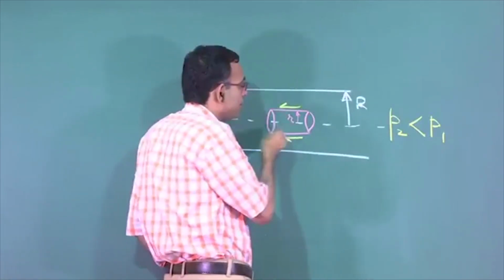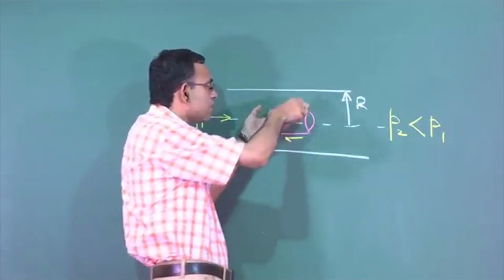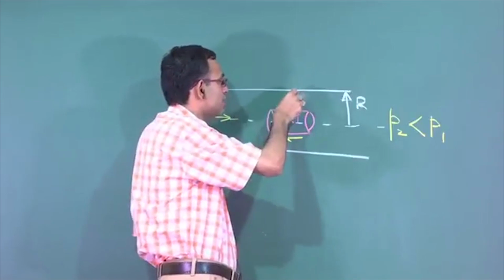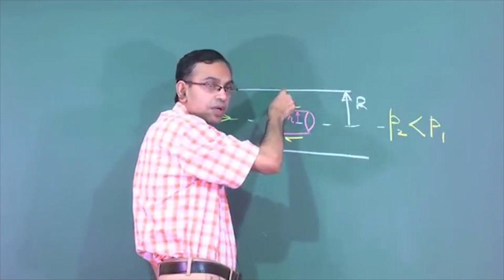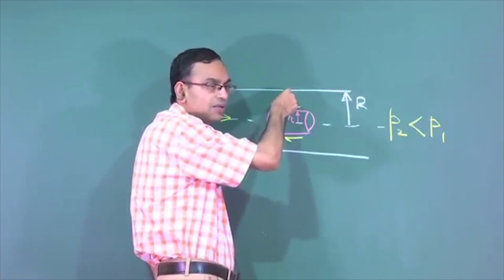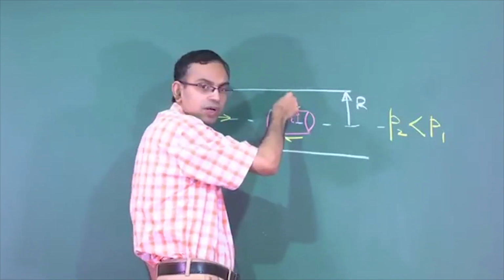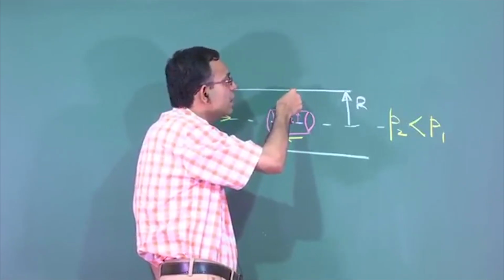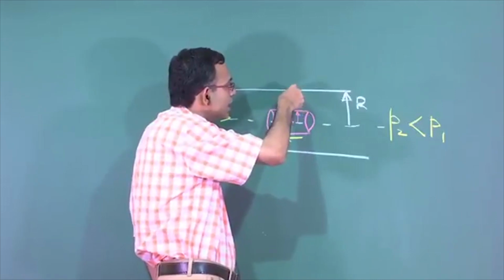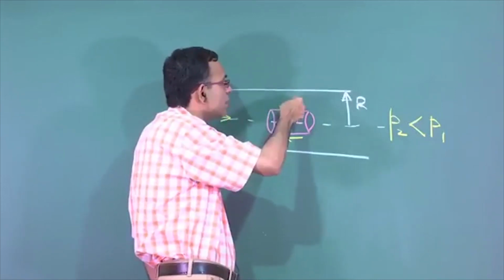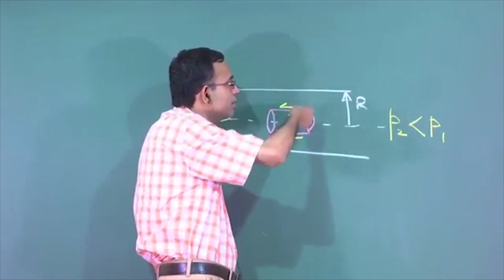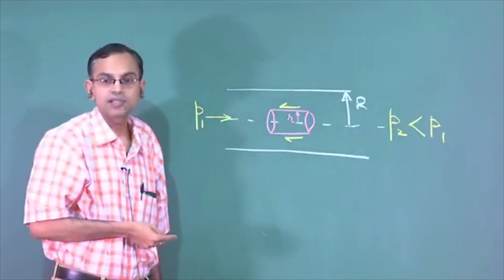Why is this shear force coming? You have various layers of fluid and one layer of fluid is trying to slide over the other. At the wall, because of the fact that wall molecules are immobile, they are trying to hold the fluid molecules, therefore the velocity is 0, but as you go away from the wall the velocity becomes more because the effect of the wall is not directly felt, but it propagates through the fluid by virtue of the fluid property called viscosity.